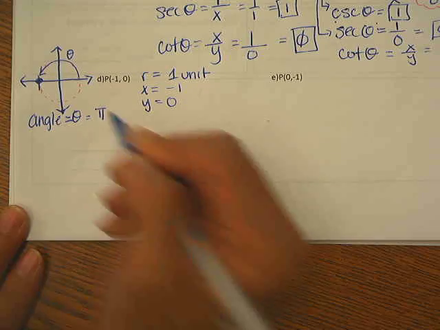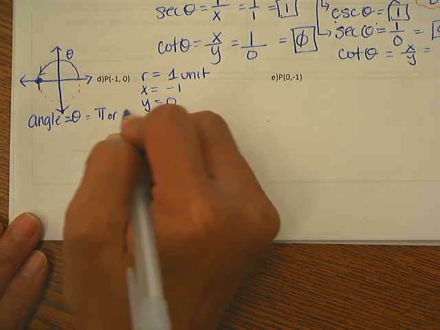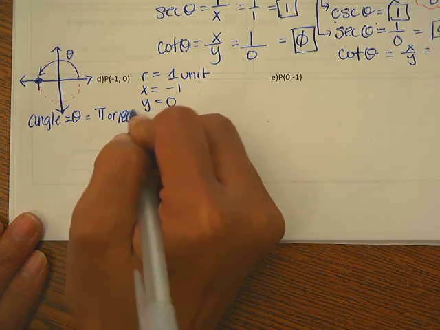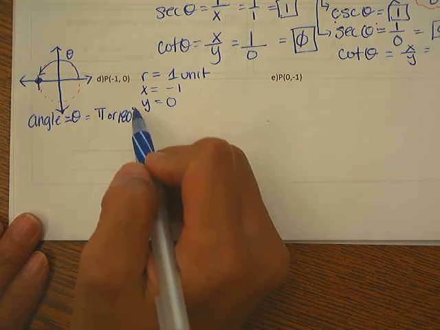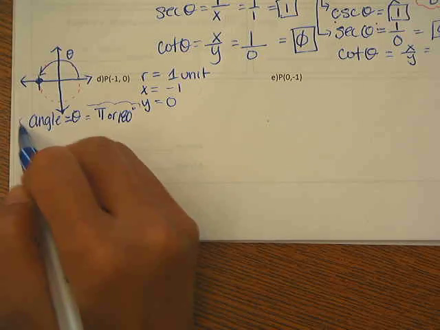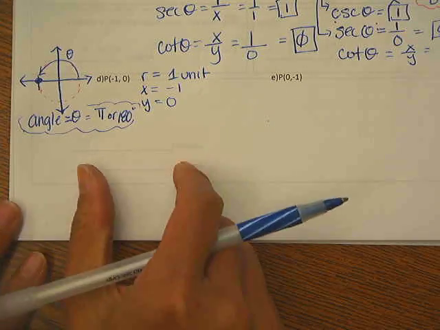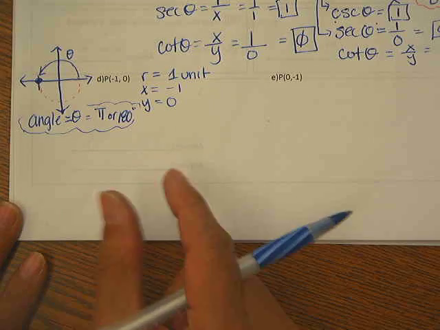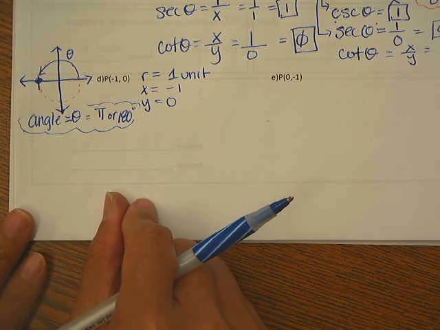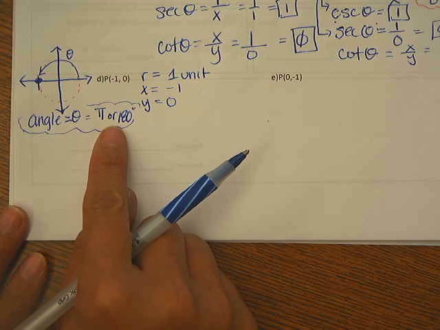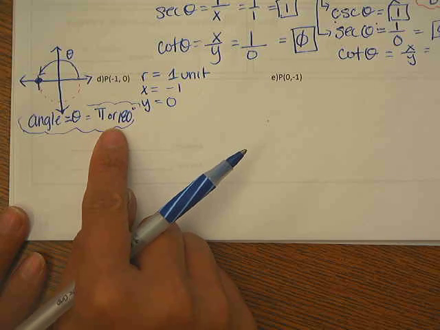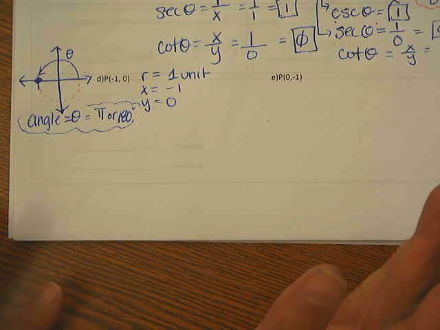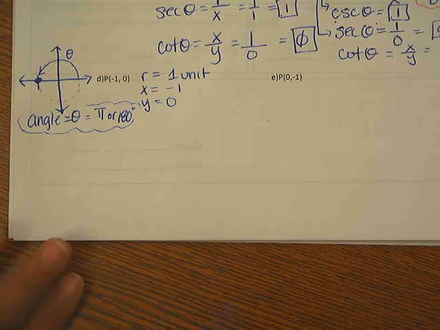It's actually pi radians, or 180 degrees. So when we're working out our 6 trigonometric functions, we are actually calculating what sine and cosine and tangent and cosecant and secant and cotangent of 180 degrees is. Okay, so that's exactly what we're trying to do.